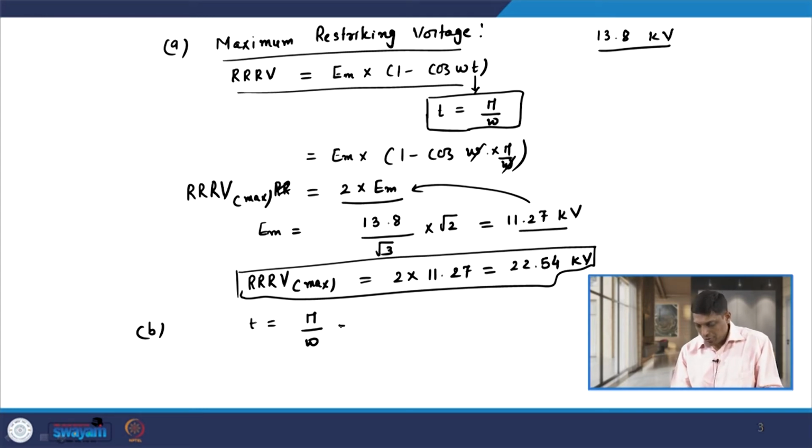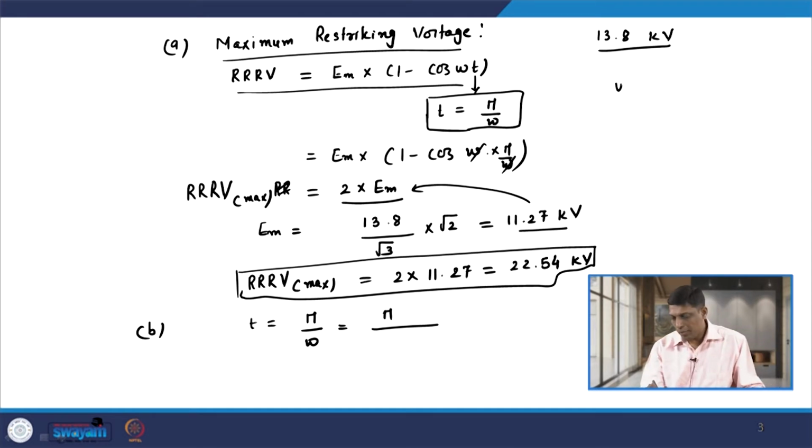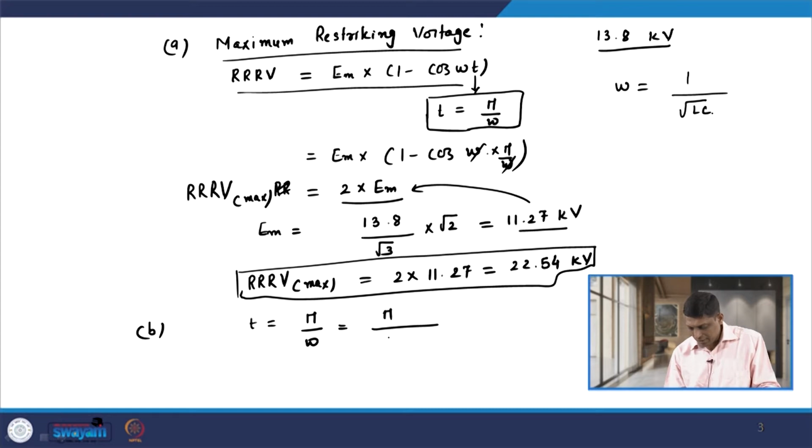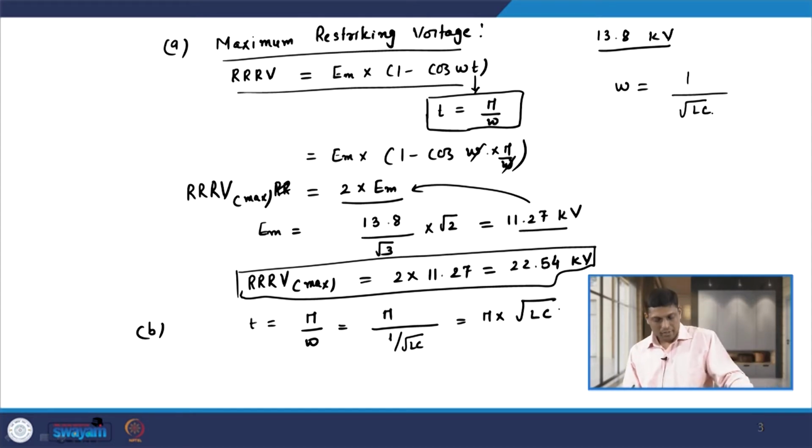Now what is omega? As I told you, omega is equal to 1 upon under root LC. If I put this value here, then I have pi into under root LC.